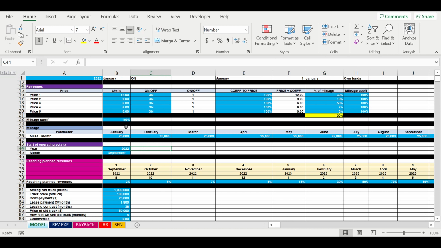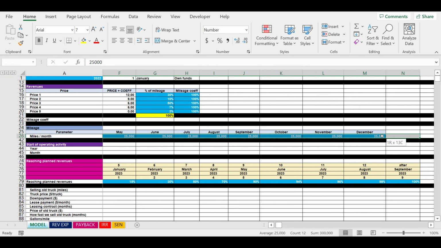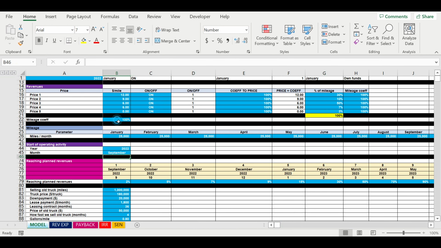The next parameter is a coefficient that we add to the mileage. So for example, we assume that our truck will make 25,000 miles per month. So here it is. And we can also adjust this parameter. For example, if we make not 25,000 miles, but we will make 80% of this value.